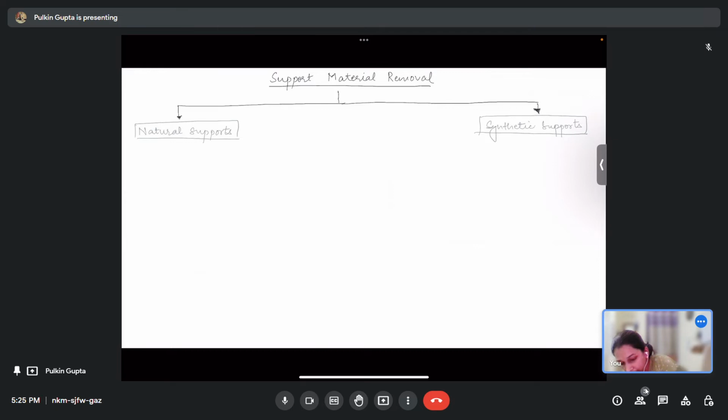Processes which provide natural support are primarily powder based processes and sheet based processes. So it is there in processes where the part being built is fully contained in the build material.